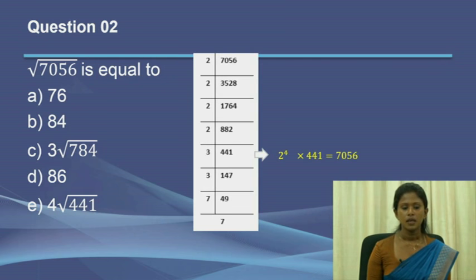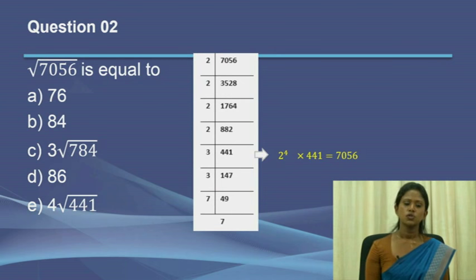This is how we are going to find the square root of 7056. If you directly know the square root, you can mark the answer. Otherwise you can find the square root by dividing 7056 by the prime numbers. In our division, at an intermediate step, we can equate 7056 to 2 to the power 4 multiplied by 441.